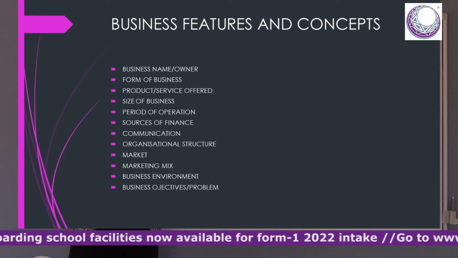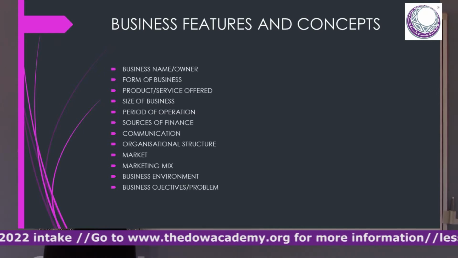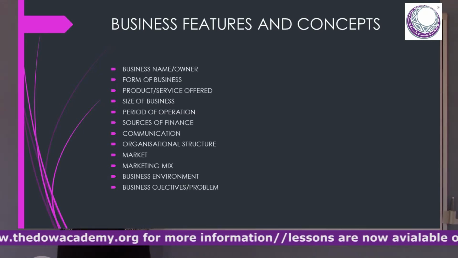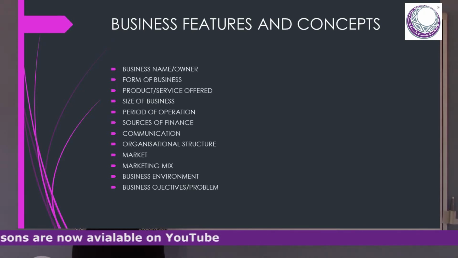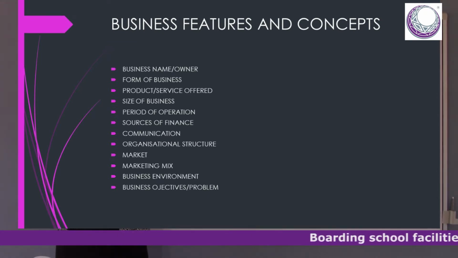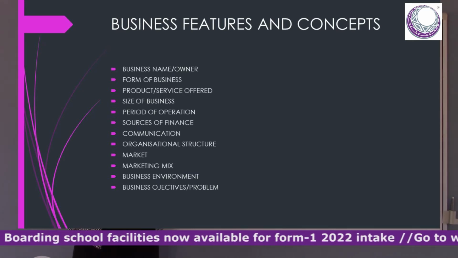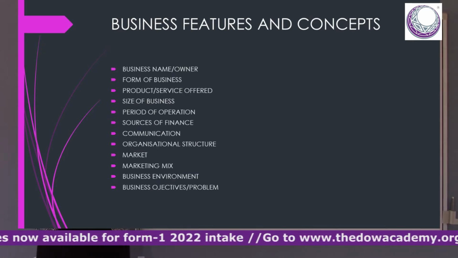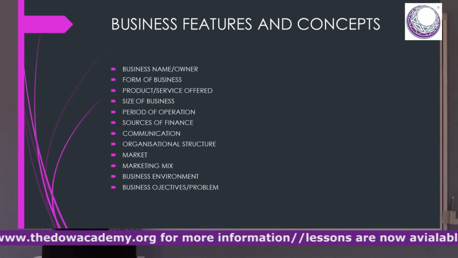Then the next thing is the organizational structure. Some case studies might show an organizational structure, so that is also good information that can help you to check on the communication structures of a business together with the hierarchical structures, and it will also show you the size of the business and how it operates.